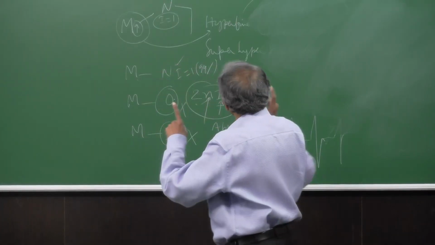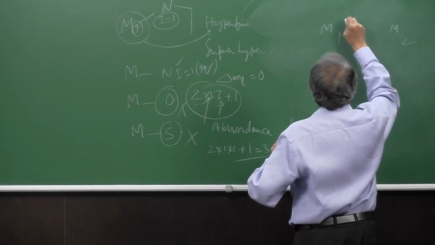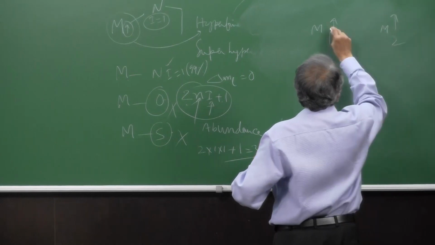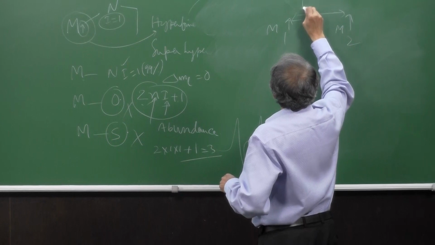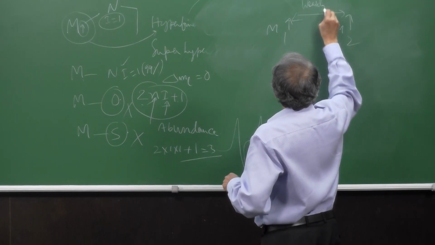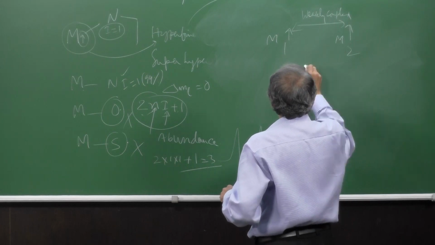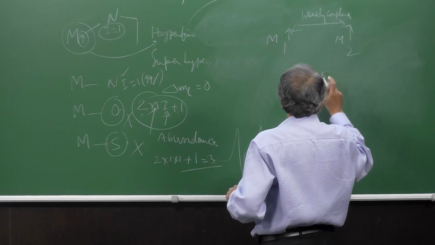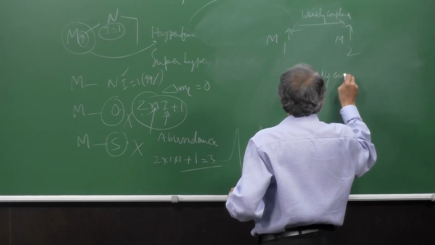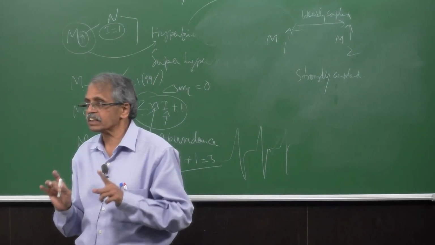Or there can be 2 metal ions, one metal here, another metal here, 1 electron here, 1 electron here, and these 2 can also be coupled, either weakly or strongly. Both are possible. Depending upon that, your spectral signature changes.